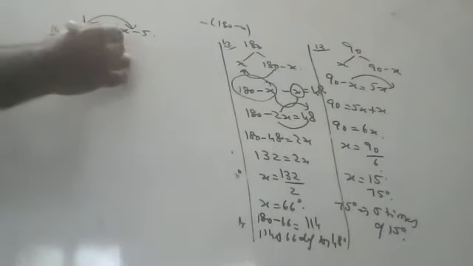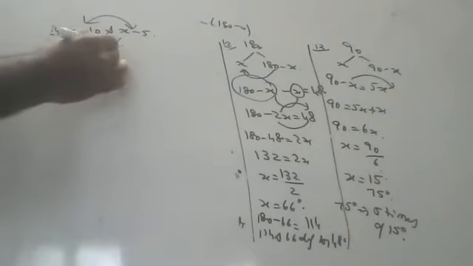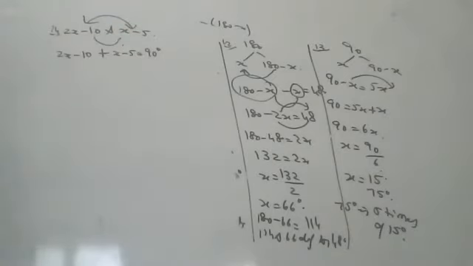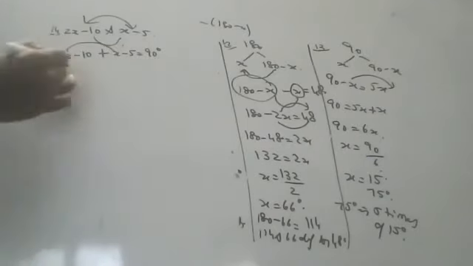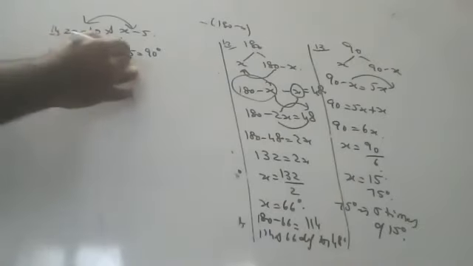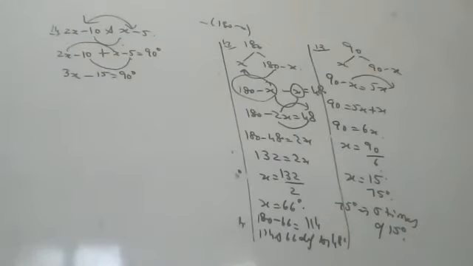Sum of their angles: 2x minus 10 plus x minus 5 is 90 because complementary, no? 2x plus x is how much? 3x. Minus 10 minus 5 is how much? Minus 15.